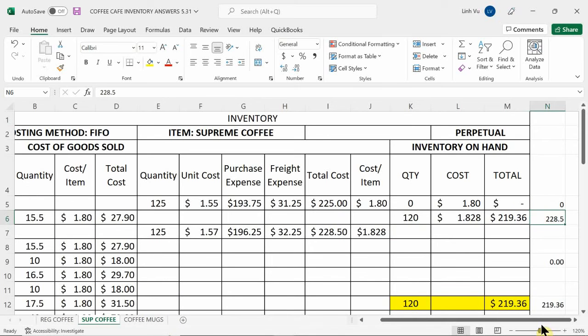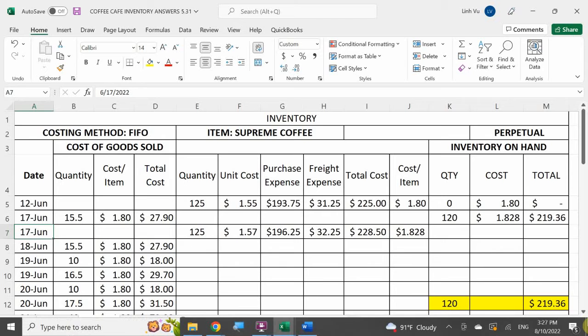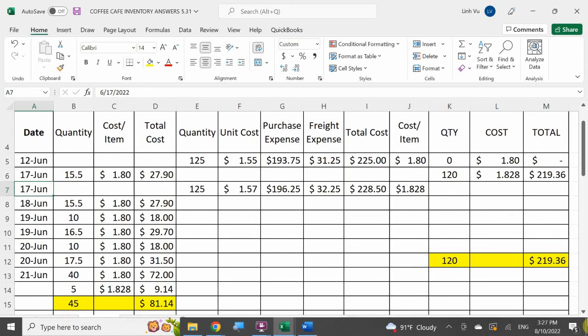Let me see. 228.50 minus $9.14, that is true, I do get $219.36. This is a way you could prevent that split penny from going anywhere. Perfect. I have exactly $219.36 left at 120 pounds.